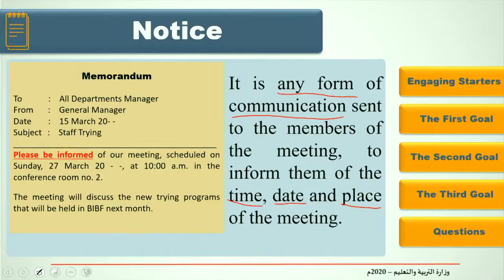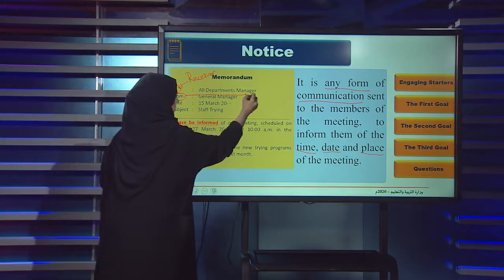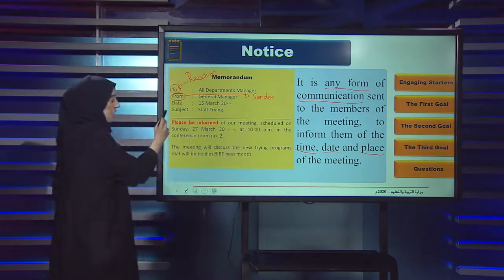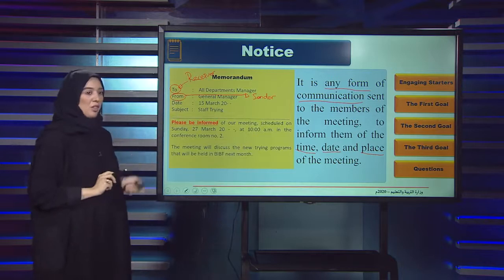Let's see it together. To whom we're going to send this notice? So by "To", we mean the receiver. From, who sent this notice? So from is the sender. The date, please concentrate here.